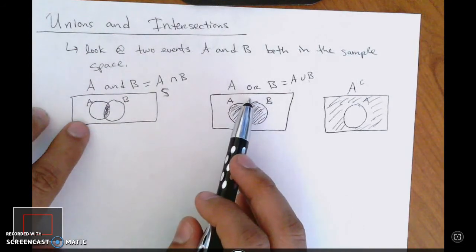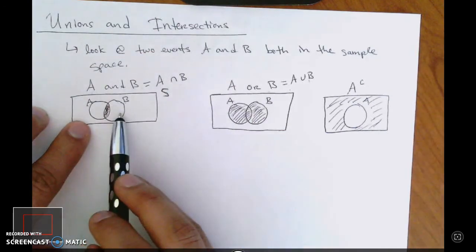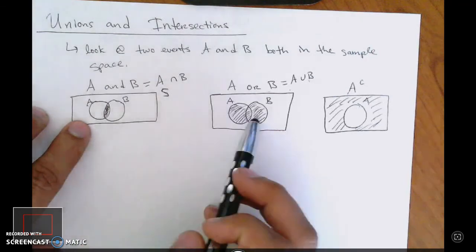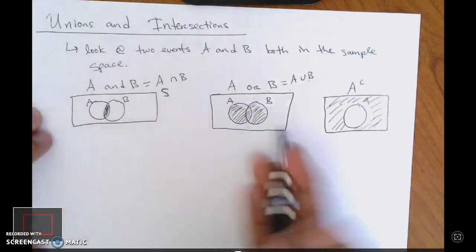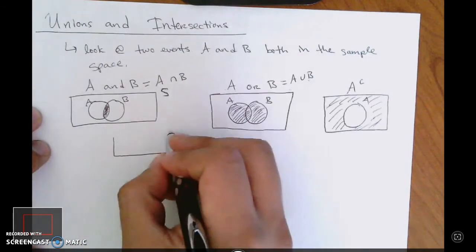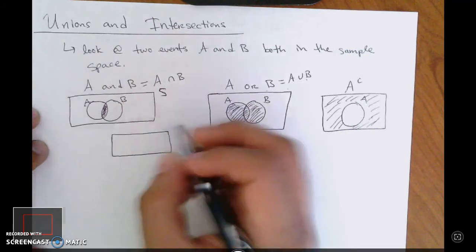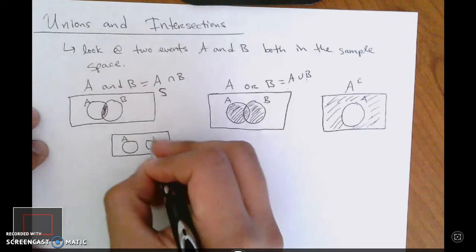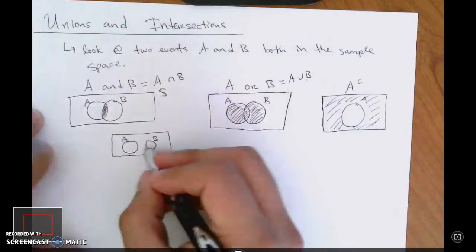Now, notice that I am assuming here that there is some intersection between A and B, but that's not always the case. You can have two different events that do not have an intersection. This is A and this is B, and they don't intersect.